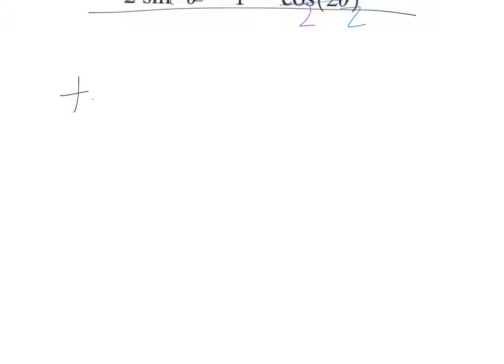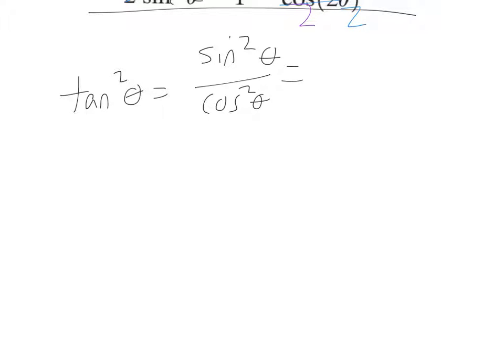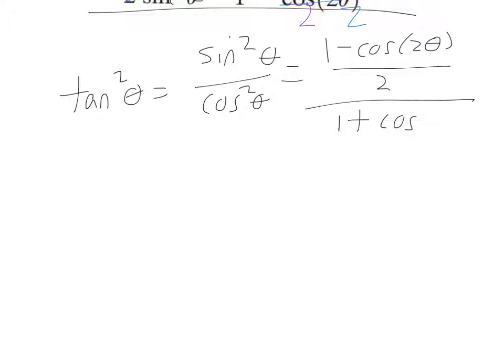Now, for tangent squared of theta, that's equal to sine squared over cosine squared. Then that's equal to, remember, sine squared is equal to 1 minus cosine of 2 theta all over 2, and cosine squared is equal to 1 plus cosine of 2 theta, or cosine of 2 theta plus 1, it doesn't matter in what order you write it, over 2.